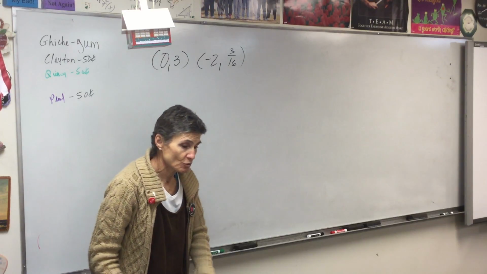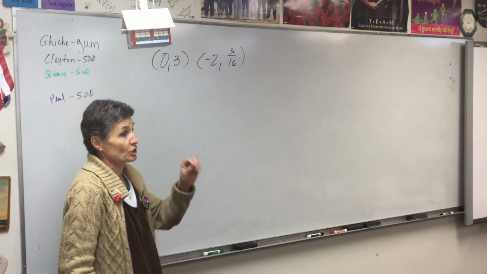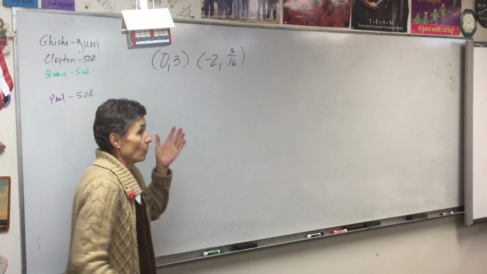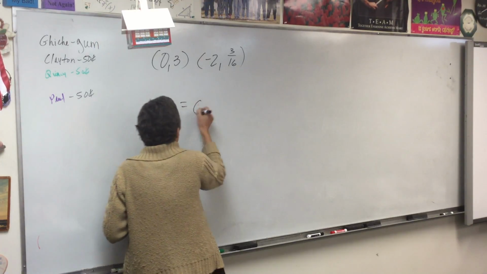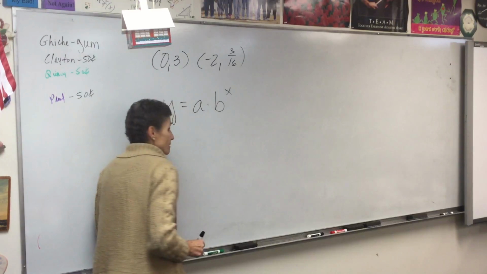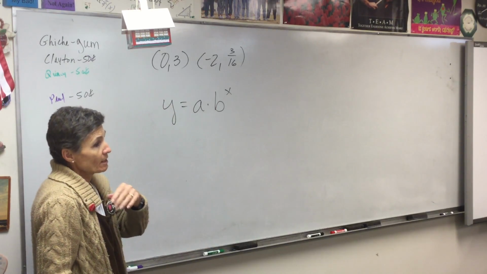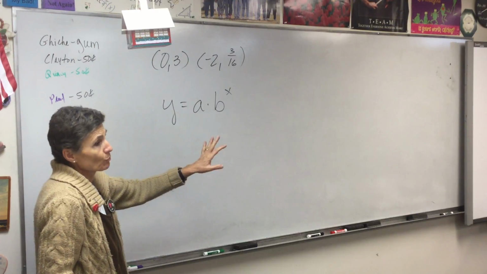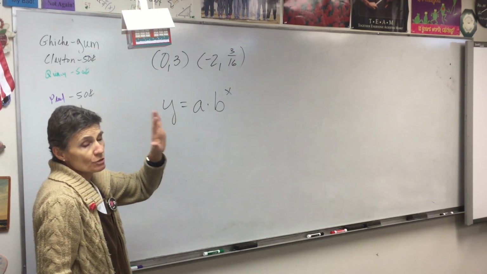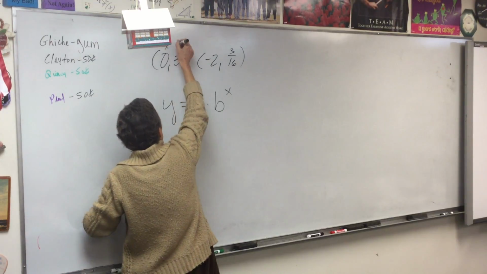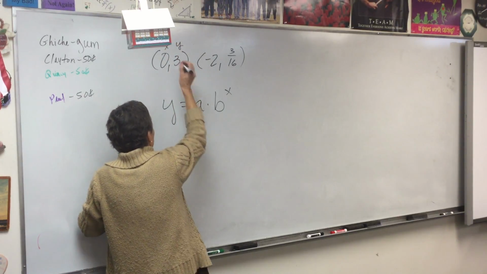Okay, so she says she has trouble writing an exponential function. Well, what's the very first thing she has to know? Y equals A times B to the X. All right, now she gets confused because she's given 2 points. What is our standard rule of thumb? Use the one with the 0. Remember, this is X and this is Y. Plug that in.